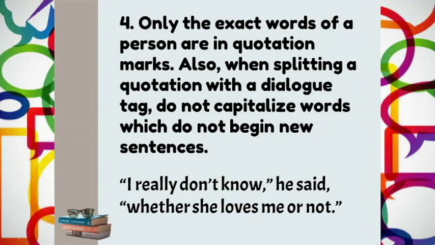For example, "I really don't know," he said, "whether she loves me or not." The exact words of the character here are, "I really don't know whether she loves me or not." As you can see in this example, in the part "whether she loves me or not," the first letter of whether is not capitalized.